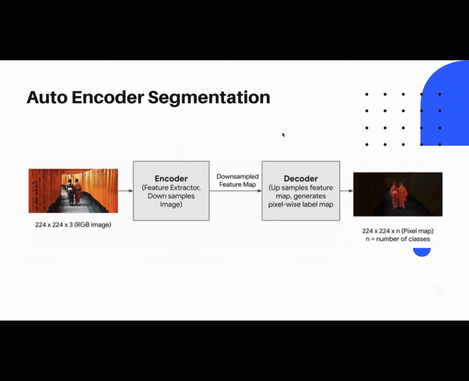For the sake of semantic segmentation, we take an input image like this, and human beings manually annotate the pixel map, or mask of the image, where we try to take the input image and learn an encoder and a decoder that can find the locations of these classes of interest. So for example, here we have n classes.